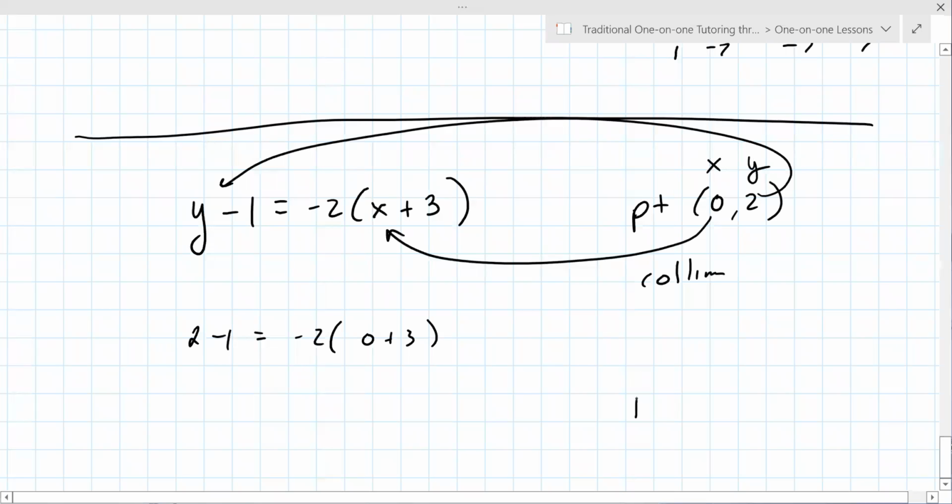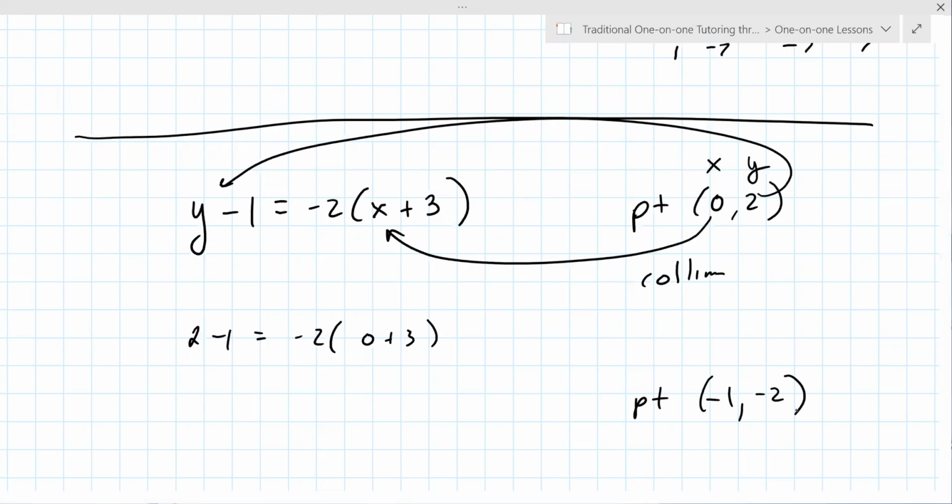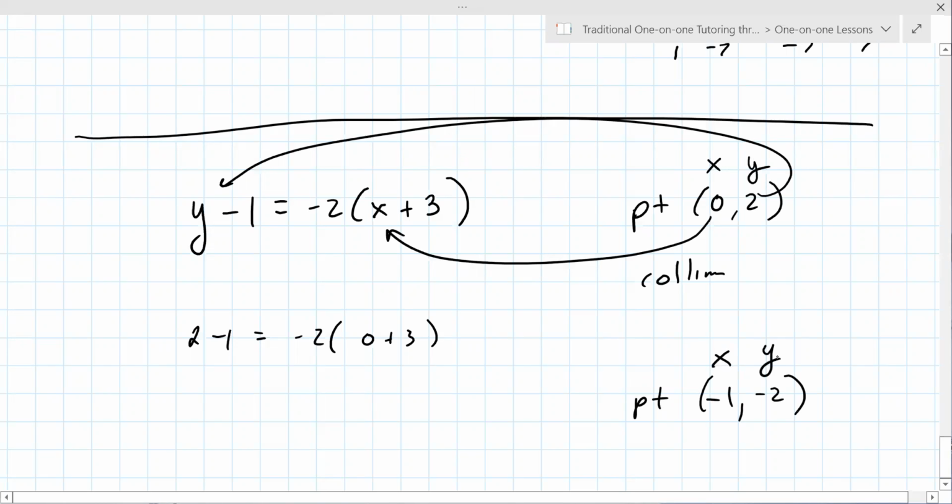How about the point -1, -2? I treat the -1 as x and -2 as y, correct? Yeah, it's always x and then y.